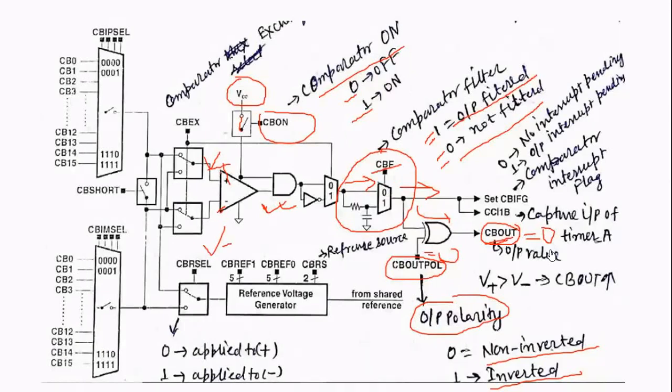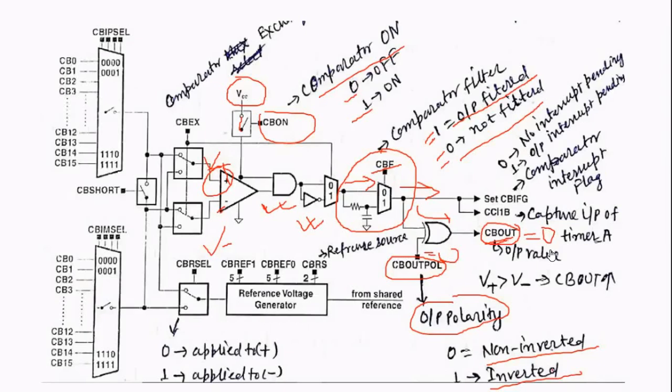When V plus is higher than V minus, the output will be high. When V plus is less than V minus, then the output is low. That will show the CBOUT value. In this way, you can get the output of the comparator at the CBOUT register.